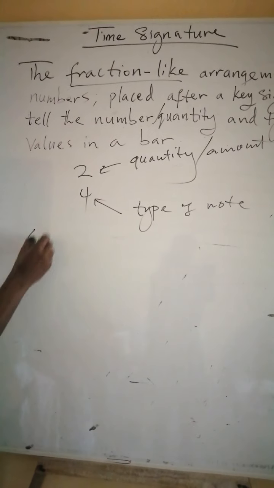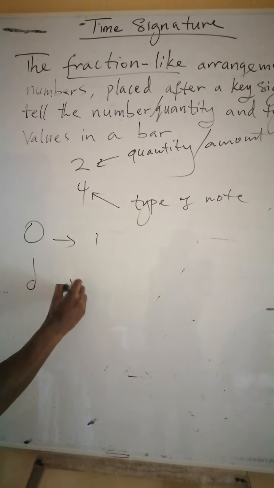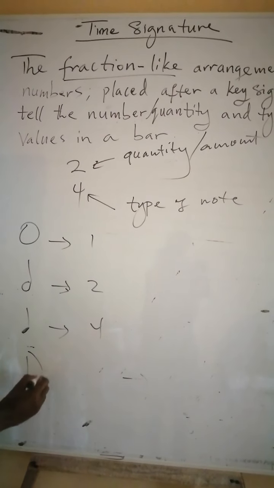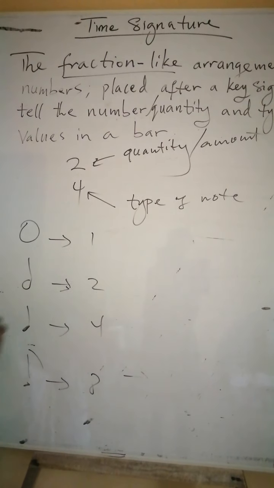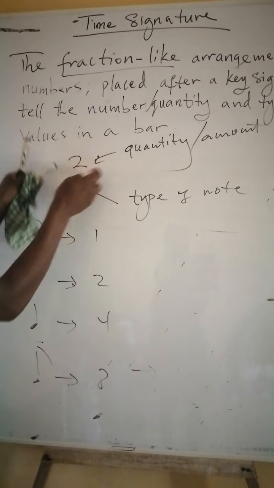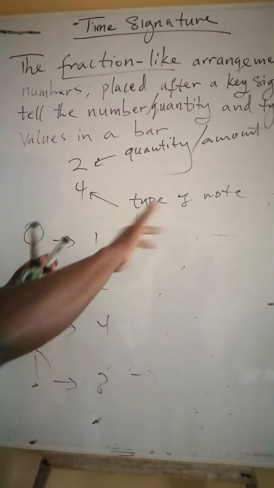If I should go back to the numbers again, all right, so if we see 2, 4, it means that there are 2 of the crotchet beats in a bar.